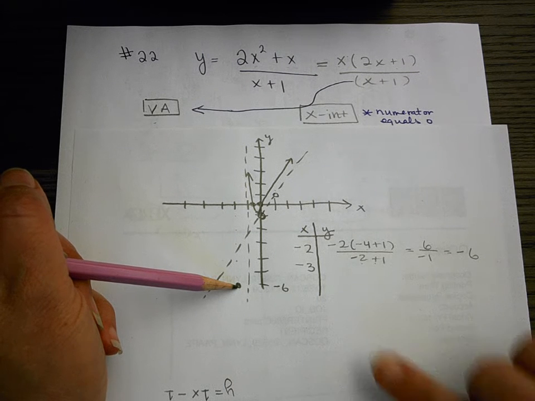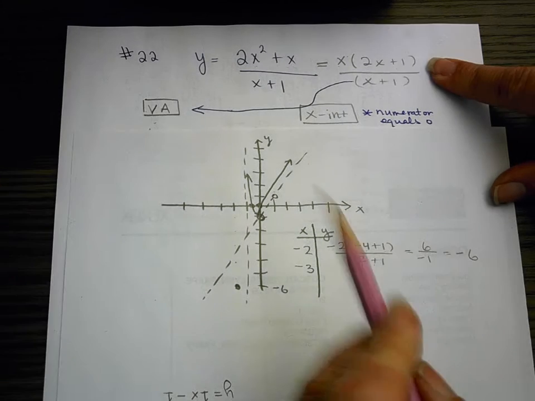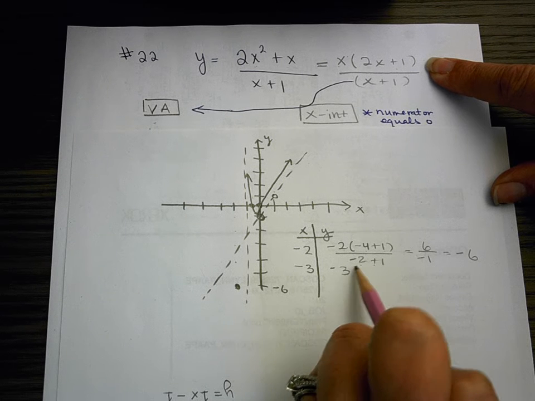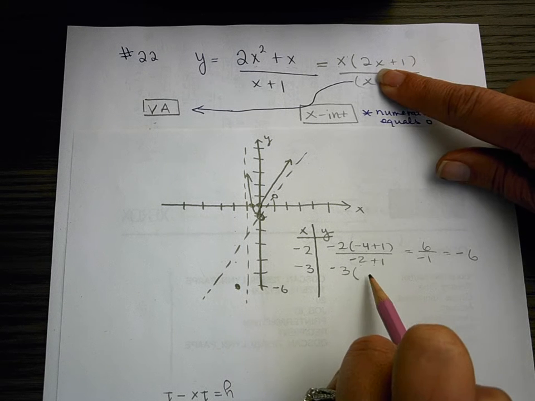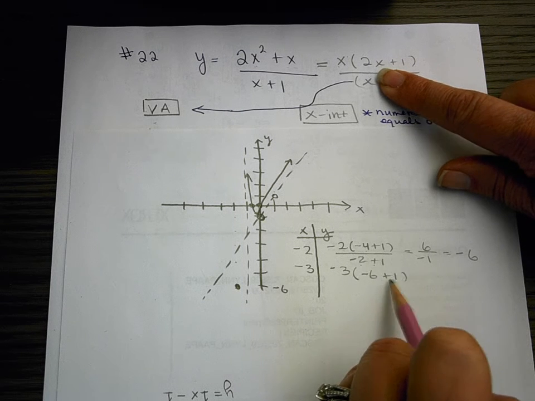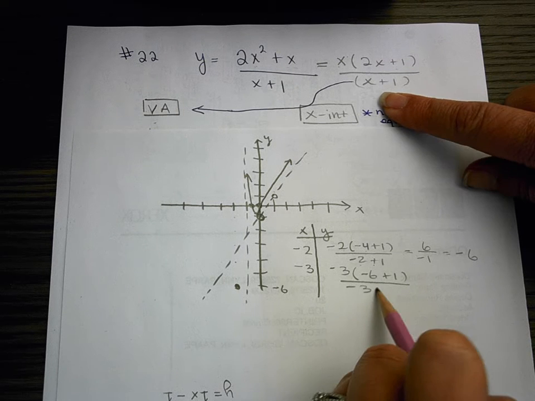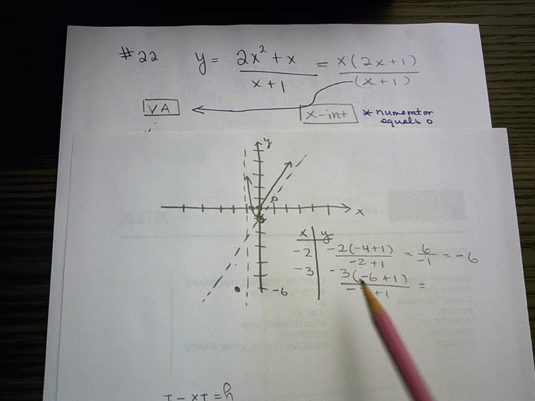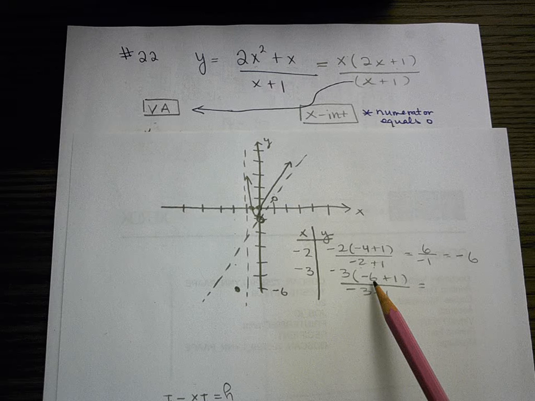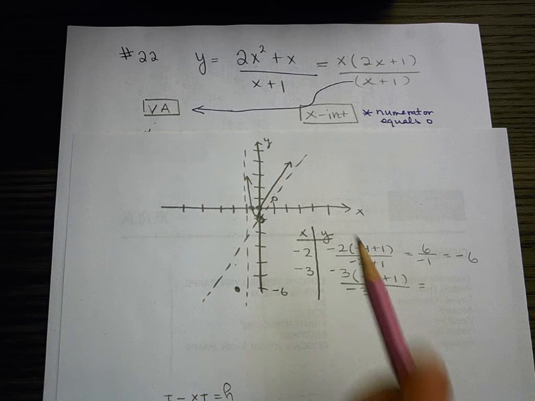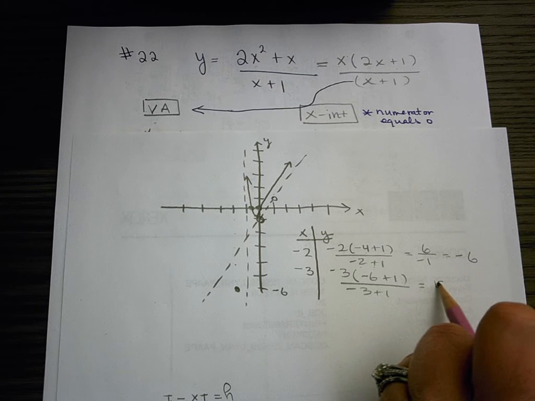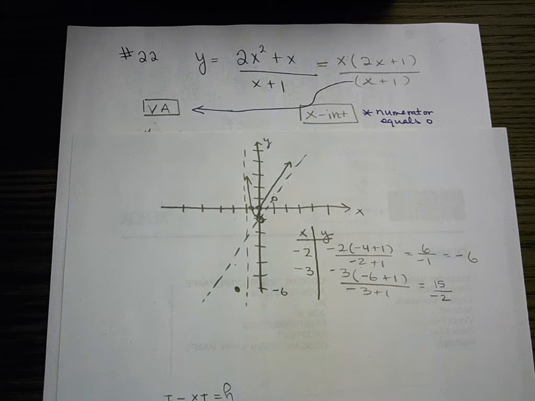So I'm going to replace x with negative 3. Same equation, but replace x with negative 3. So 2 times negative 3 plus 1, and then negative 3 plus 1. So that would be negative 5 times negative 3 is positive 15, and then over negative 2.